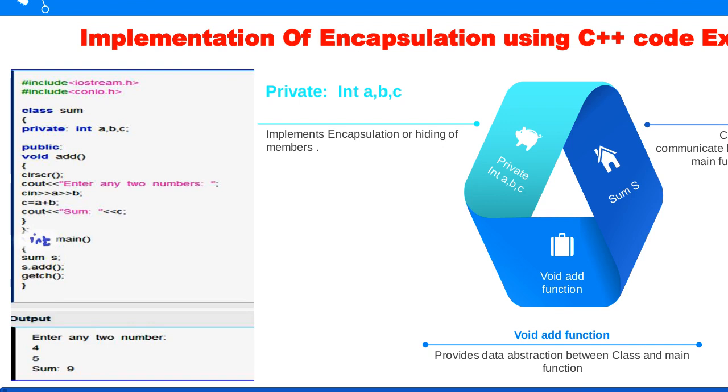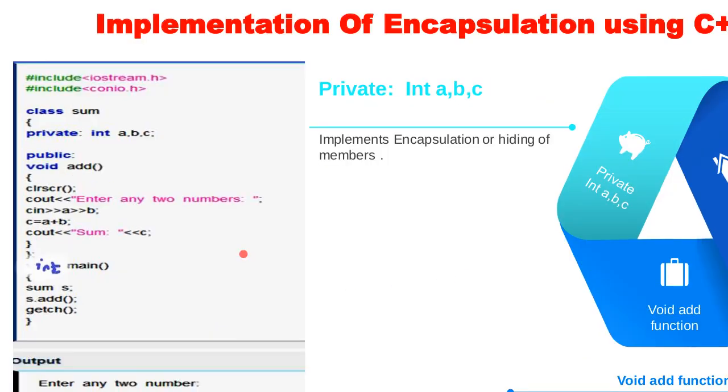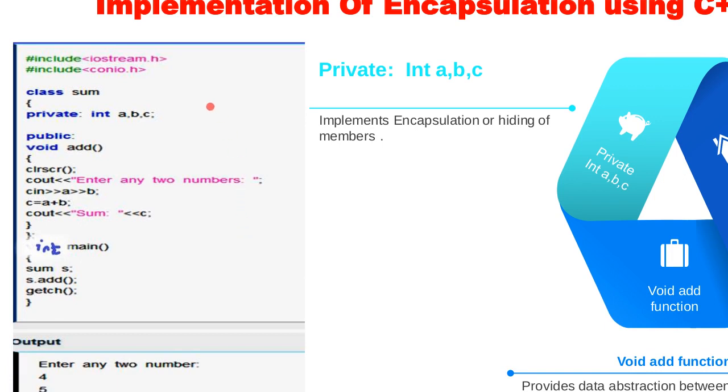In this particular program that I'll be explaining later, when I look at it at a glance, I can see we have class sum. Automatically, I will know that there is encapsulation in this program because of the term class sum. Just simple. That is the first step.